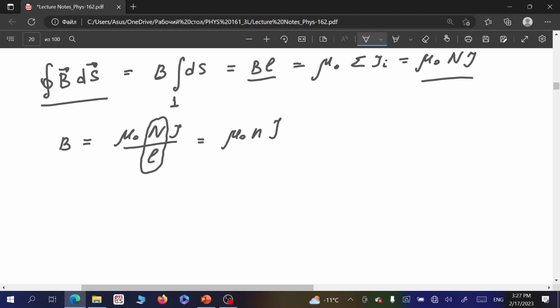So in that case, this part will be a characteristic which describes environment inside the volume of the solenoid. So here, with such condition, we assume that we have just vacuum inside. Then we have geometrical features of the solenoid, the number of turns per unit length, and magnitude of electric current which flows through this solenoid.